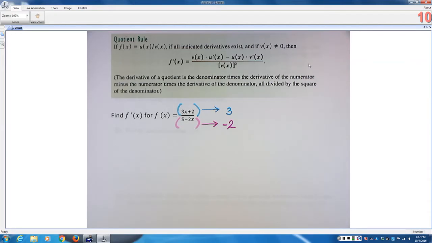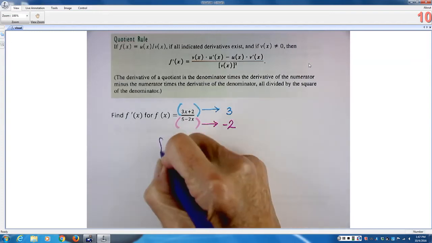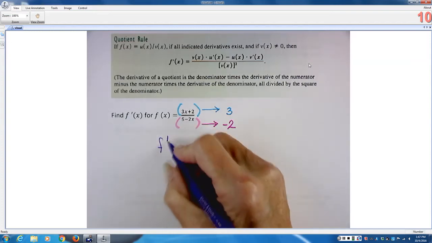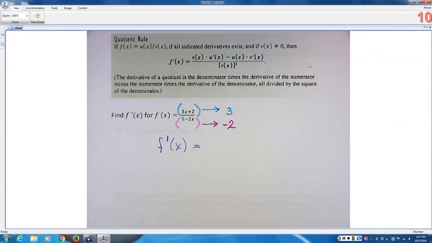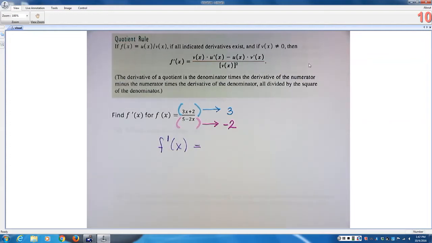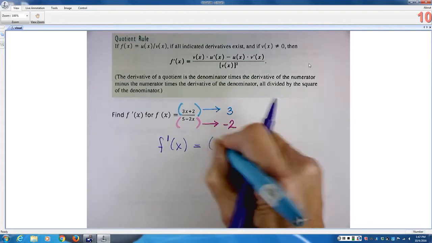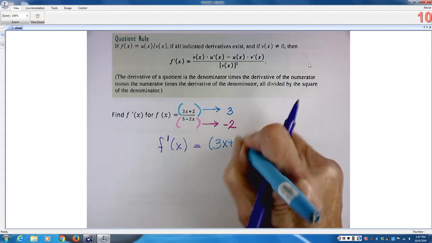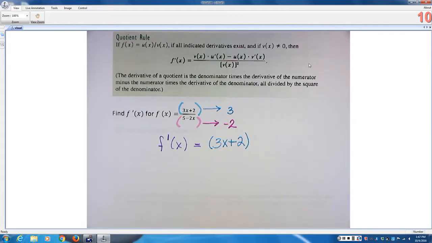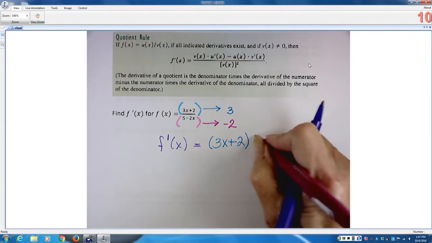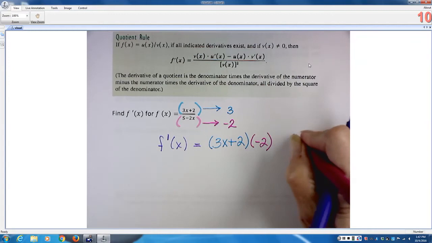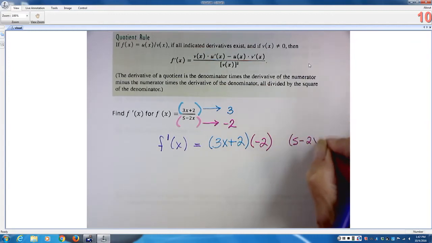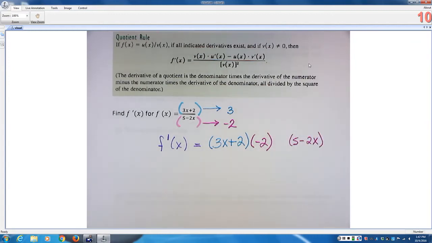So this is what the rule says that we do. To find f prime of x, we take the numerator times the derivative of the denominator, and the denominator times the derivative of the numerator.